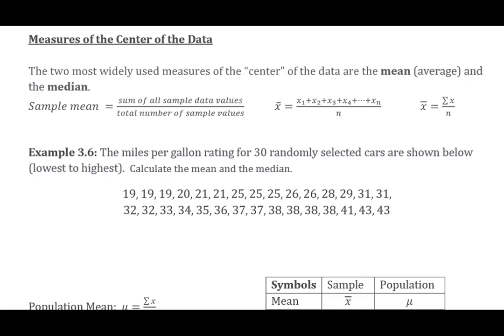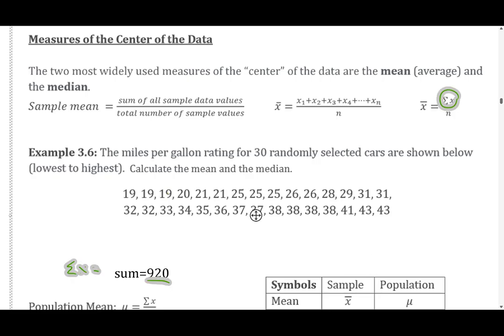If we add up all of them, we get a sum of 920. I've already done the calculation. There is a symbol here which represents the sum of all of the x values. The sum of x, sigma of x, is 920.